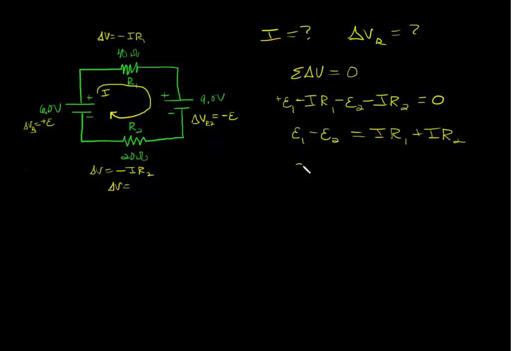So I get EMF1 minus EMF2 divided by R1 plus R2 is equal to the current. So this minus that, I'd get negative 3 divided by the sum of the resistances. So I'd add those up, 60.